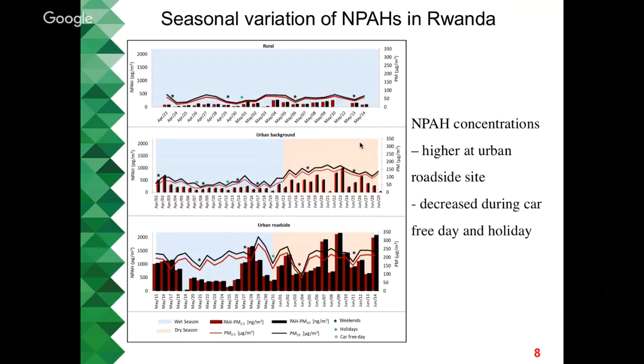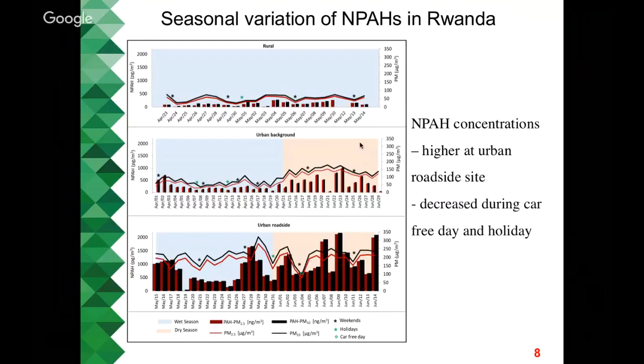There is no car which can drive in the entire city, so all the population go do sport, and that happens only on Sunday. During this time, I was sampling, and I found air pollution, these particulates, decreased by more than 30% during only one day where there was no car in the city.